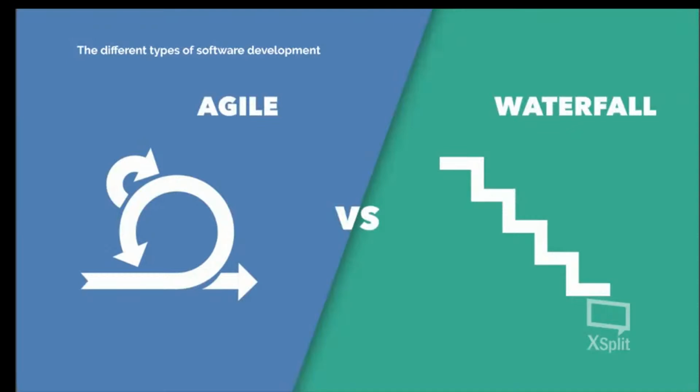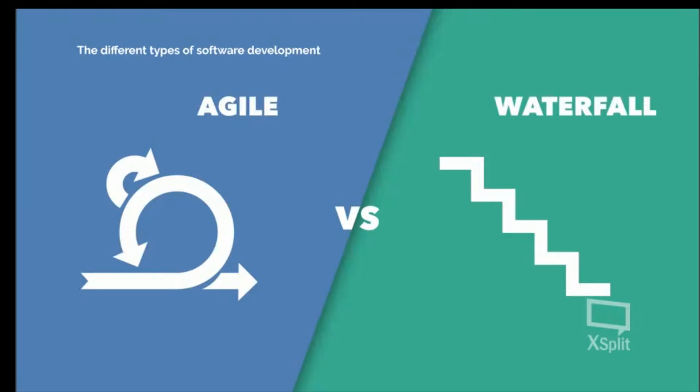The second type of development is waterfall. Waterfall development is where each step of the development process only starts when the step before it ends. So we only ever start design when we're done with the requirements. We only ever start development when we're done with design. We only ever start deploying when we're done with development. And we only start maintaining when we're done with deployment.